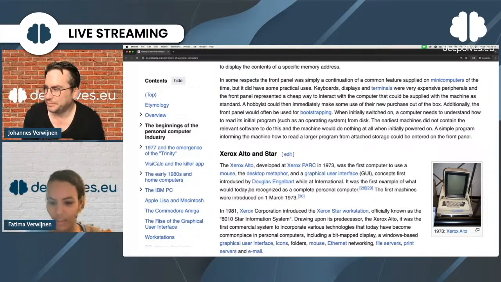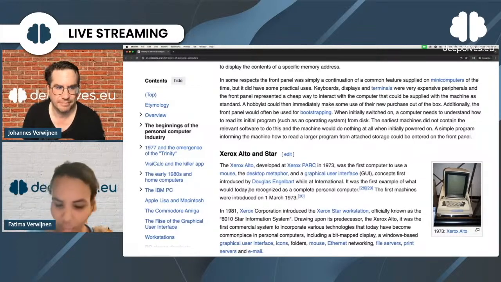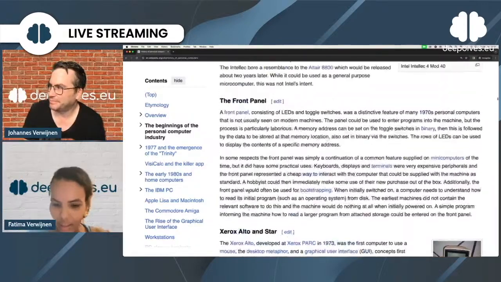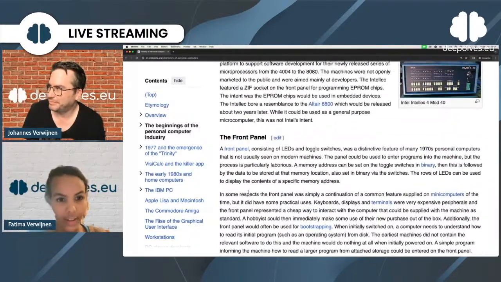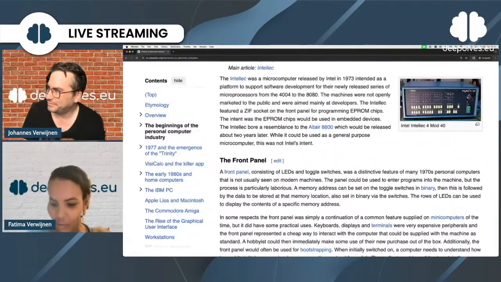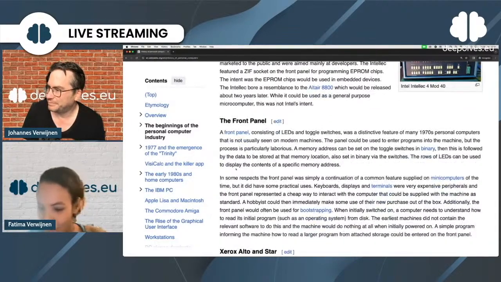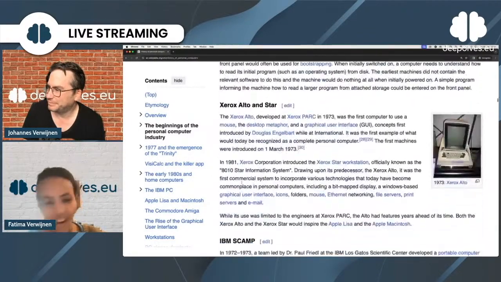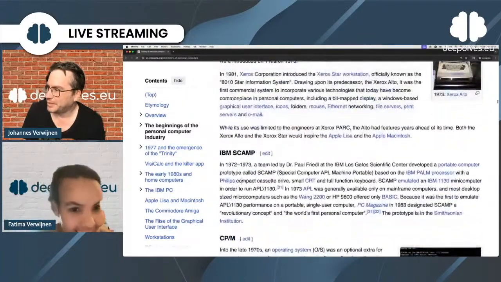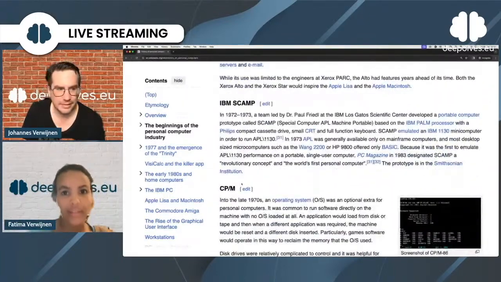And the first microcomputers, the microcomputers of the late 1970s and early 1980s. A few to mention: Commodore 64, Atari, Radio Shack's TRS-80, and then of course Apple.